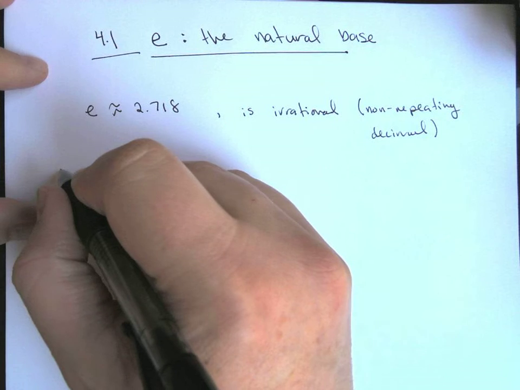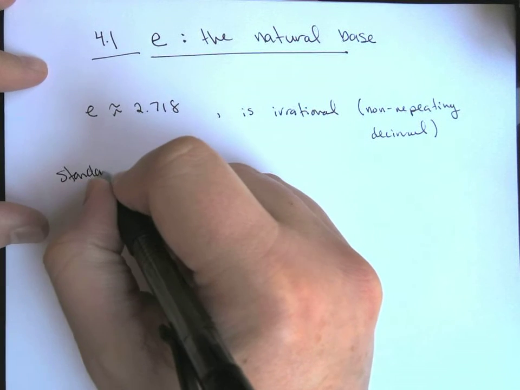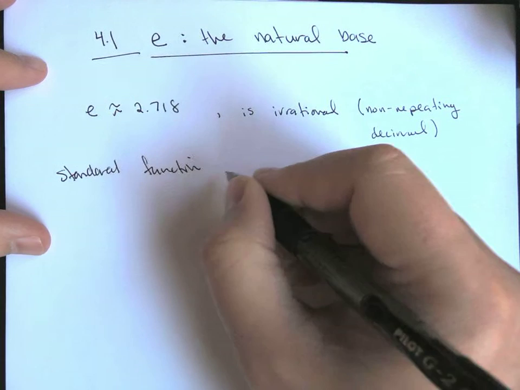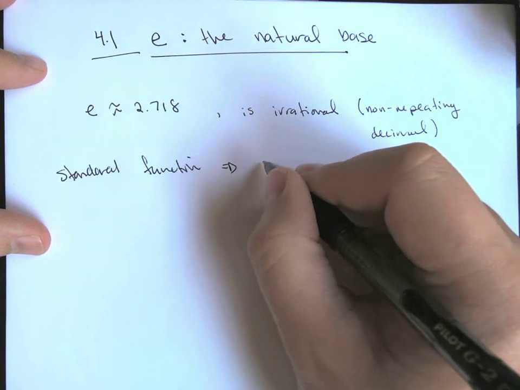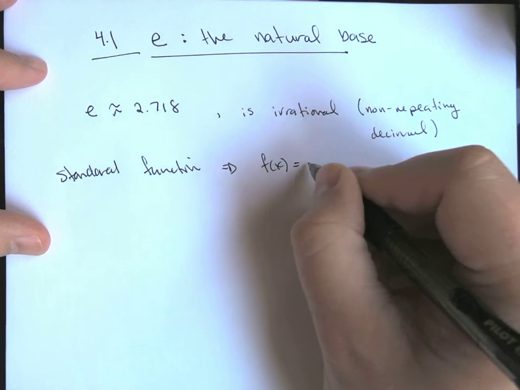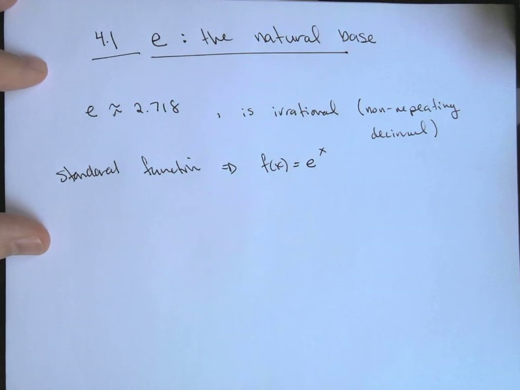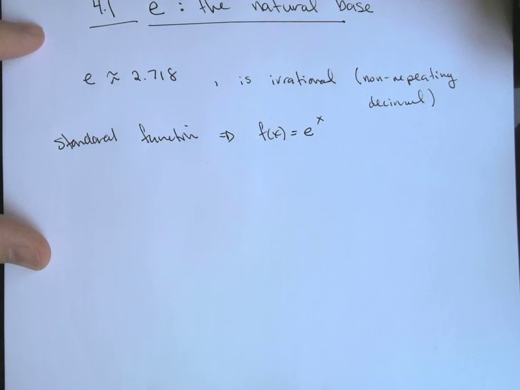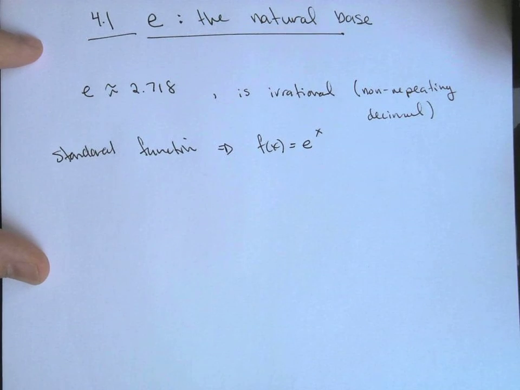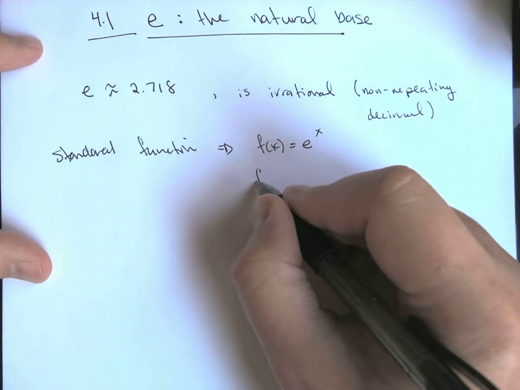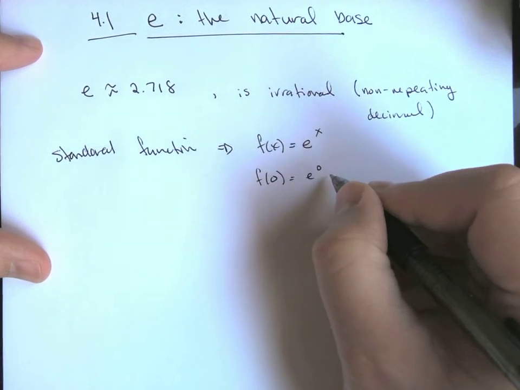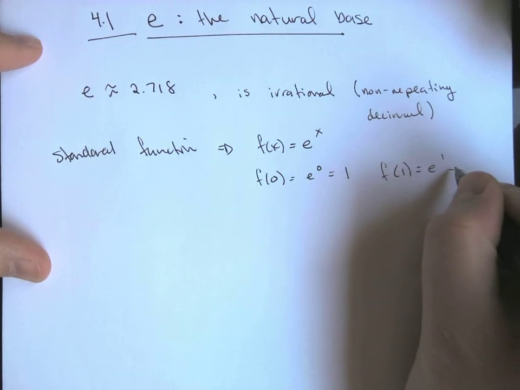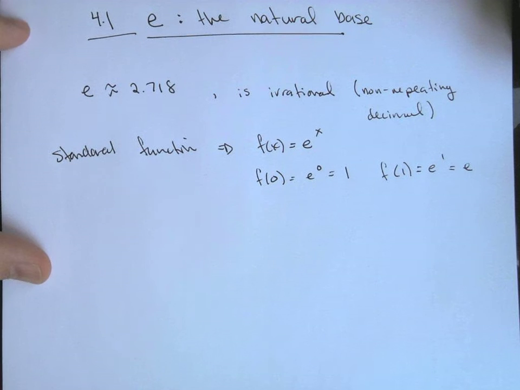This means our standard exponential function is going to become f of x equals e raised to the x. It has a lot of our normal properties, right? If you raise it to the 0, you're going to get 1. If you raise it to the 1, you get e to the 1, which is e itself, 2.7-ish.